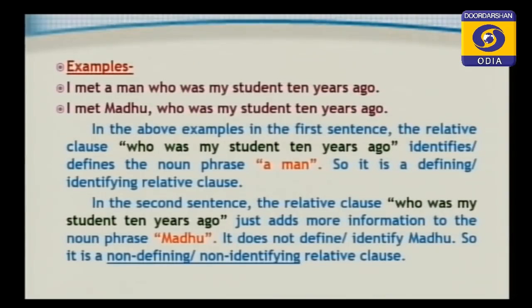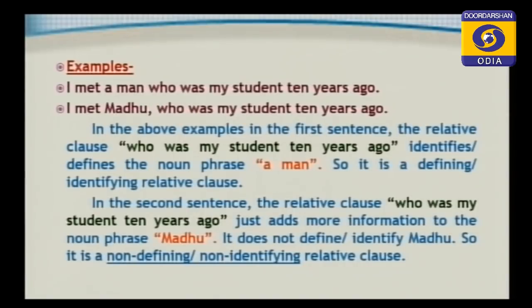Another type of relative clause which we are going to describe now. Read the examples on the screen. I met a man who was my student 10 years ago. I met Madhu who was my student 10 years ago. What is the difference in these two sentences? A man is replaced by Madhu in the second sentence.